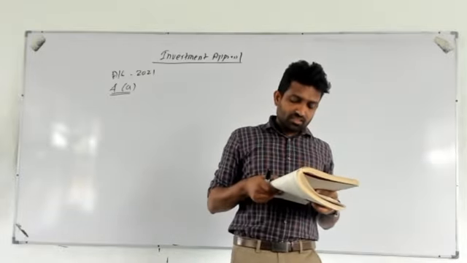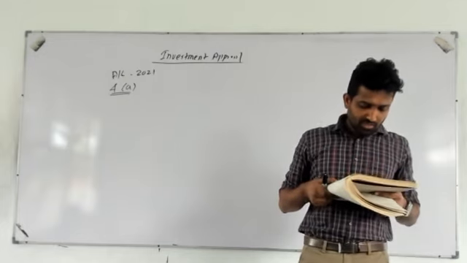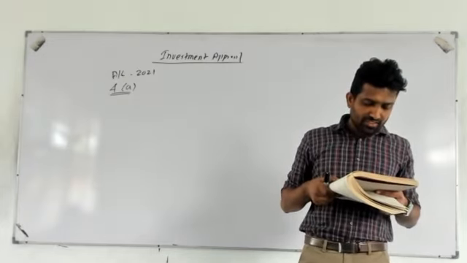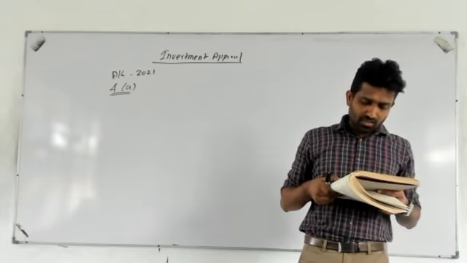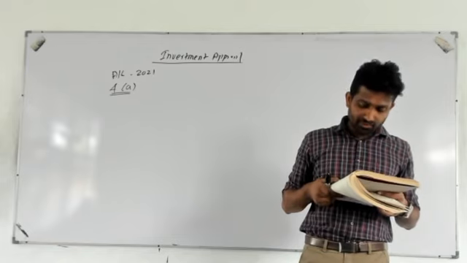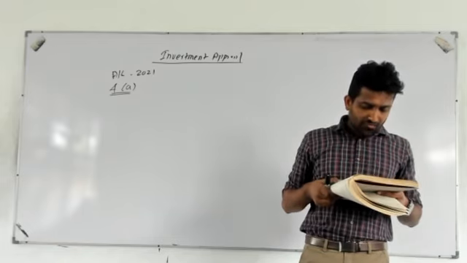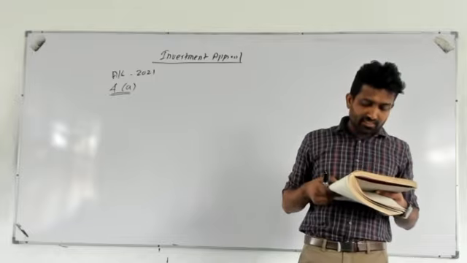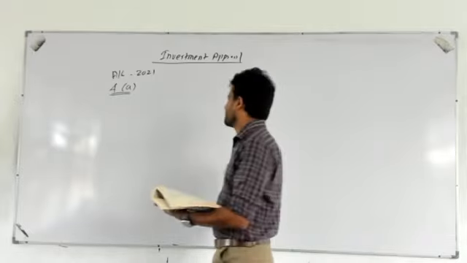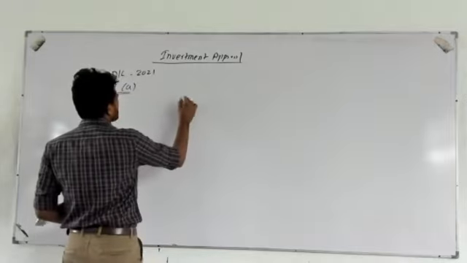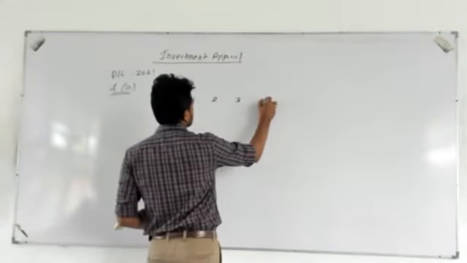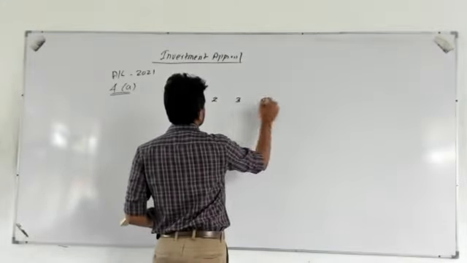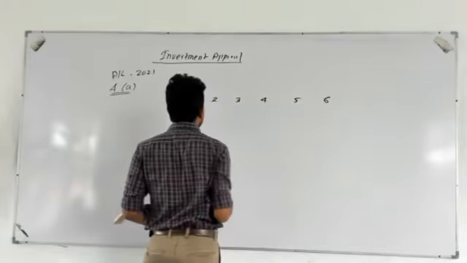Further, the transportation cost and installation cost of this machine have been estimated as rupees 50,000 and rupees 200,000 respectively. The useful life of the machine is estimated as 6 years. Anyway, you have to first calculate the cash flows starting from year 0 to 6. 1, 2, 3, 4, 5, 6. Number of years.